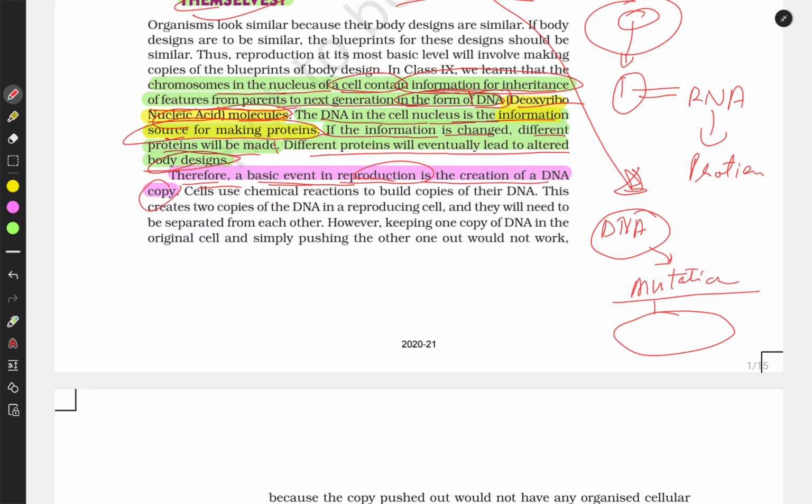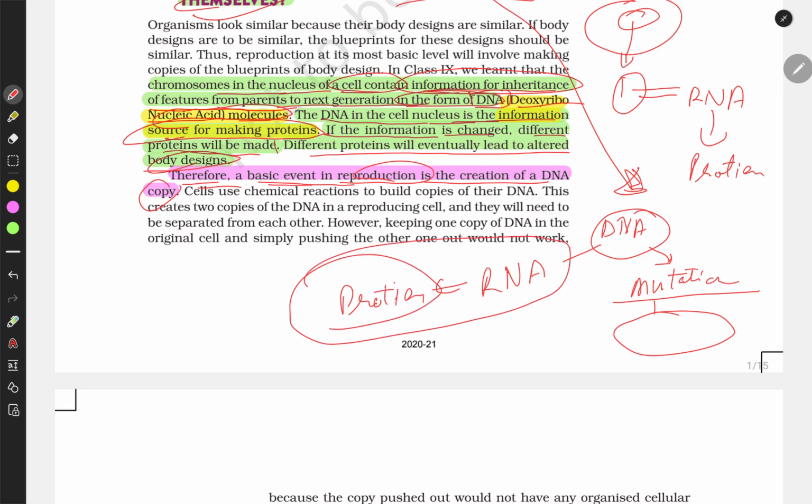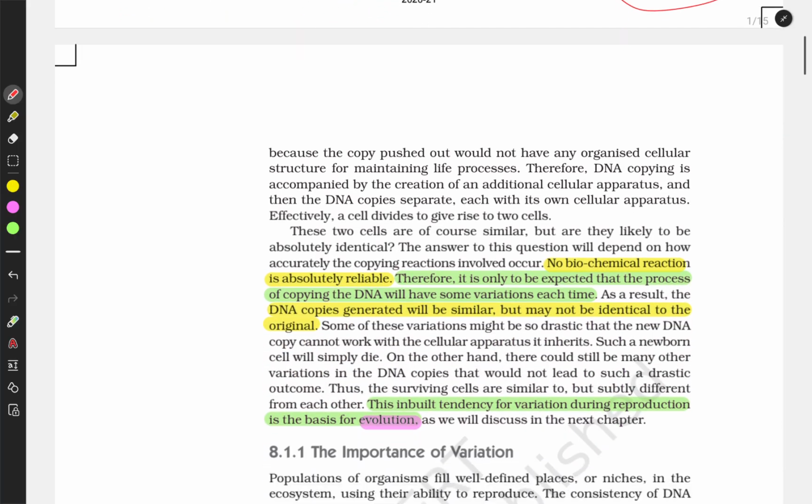After copying, the DNA contains information which creates RNA, and RNA creates protein. So these decide how the body will function. Everything is decided by the DNA.